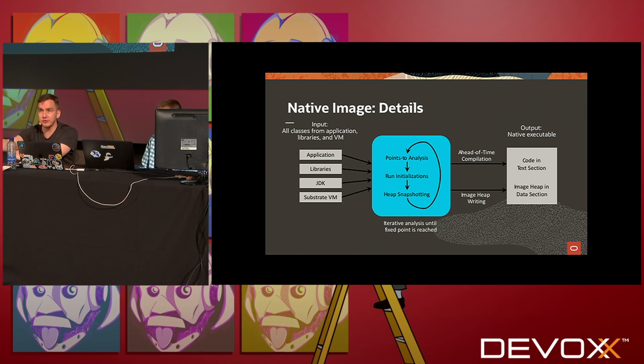Because you need to load those classes, and they will be there forever. If you need to do that once, you can do it while the native image generation is happening, and then just consume the configured results later in the binary form. So it allows you even more optimizations for the startup.